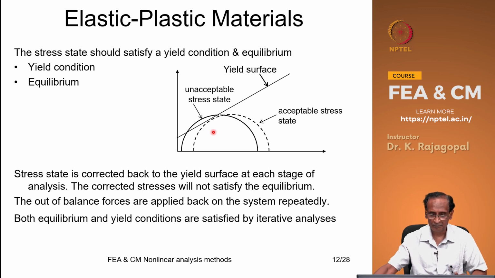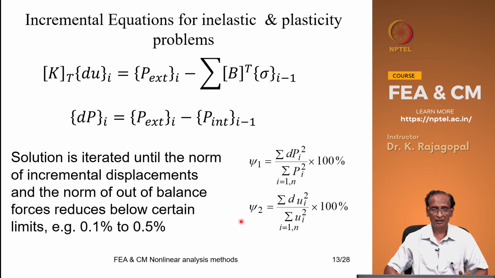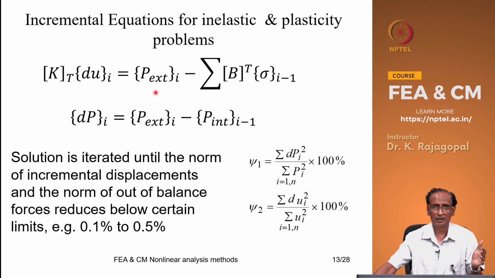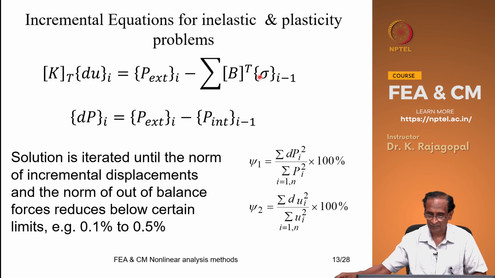So we need some type of an iterative analysis so that we can satisfy both. And so we rewrite our equilibrium equations in incremental form, but then our incremental form is written in a slightly different manner. Kt du is the applied force P external minus B transpose sigma, right.